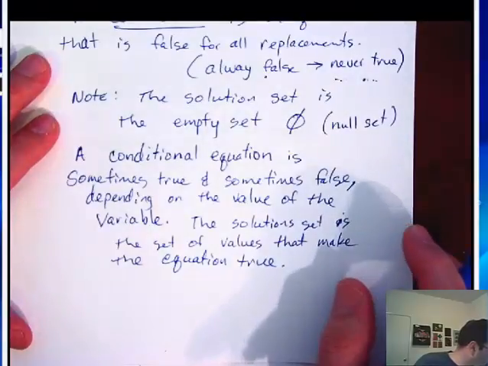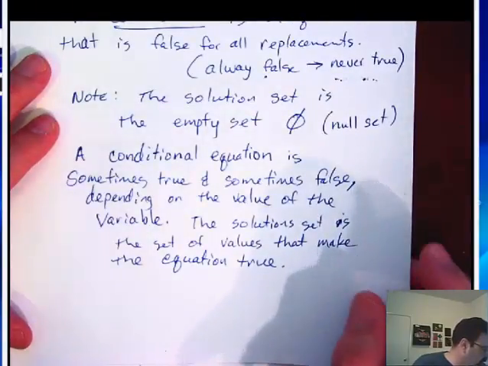So identify the type: solve each of the following equations, and classify the equation as an identity, contradiction, or a conditional statement.